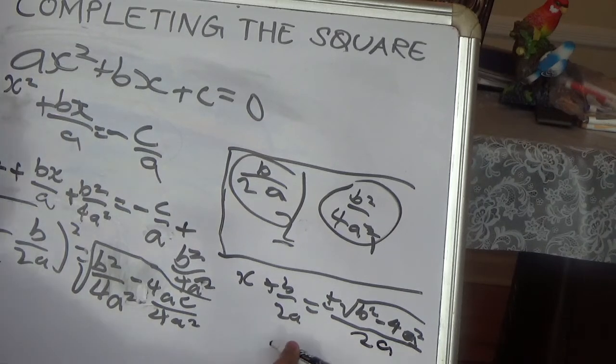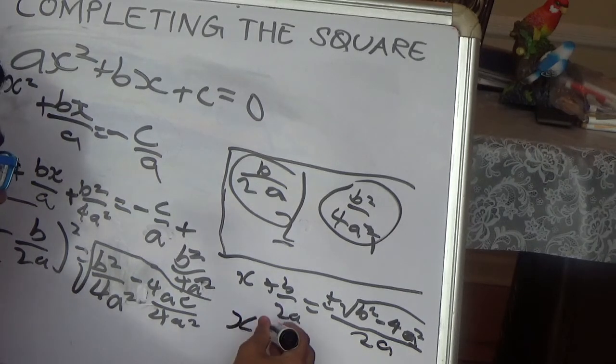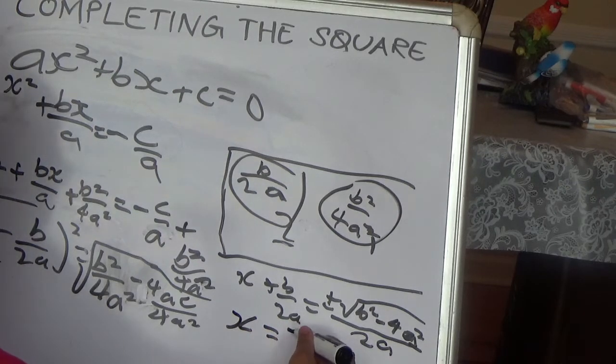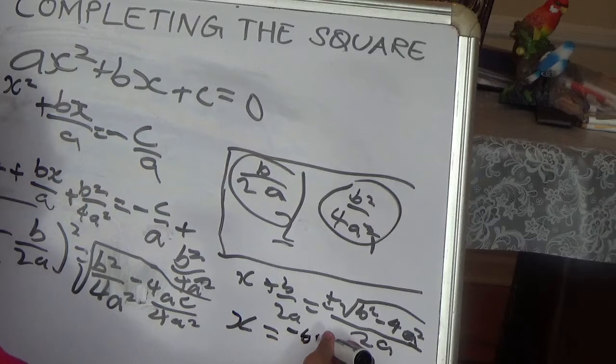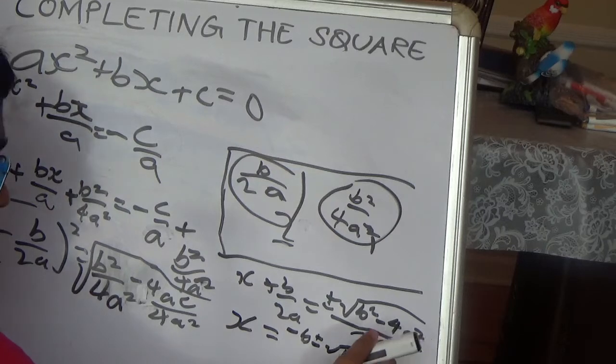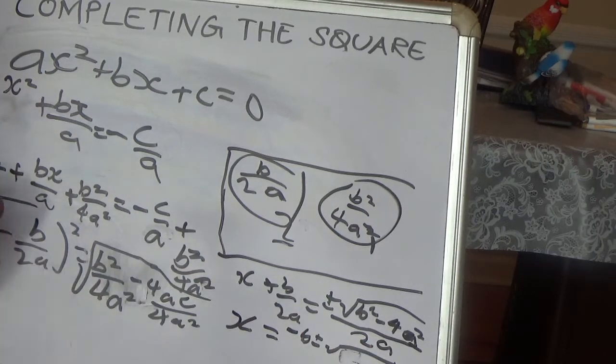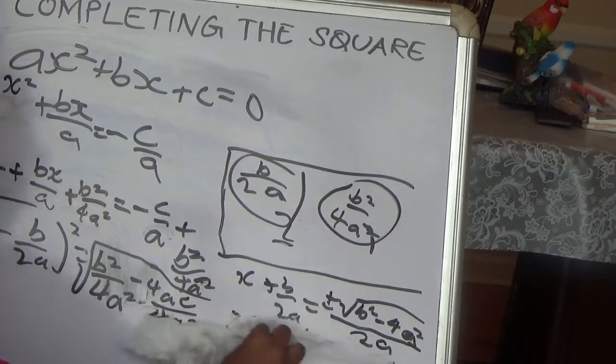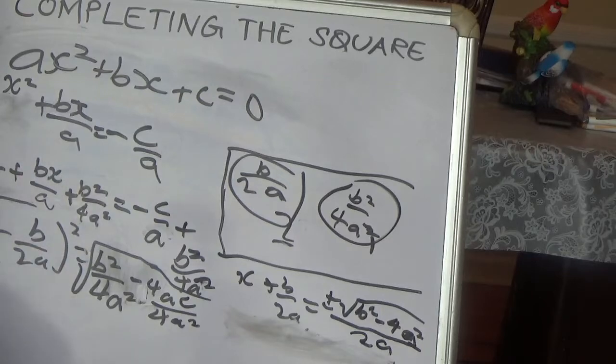Now we just have to isolate x. X equals, and since the denominators are the same, we could just do negative b plus or minus the square root b squared minus, excuse me, sorry. You know what, I'll just write that over here.